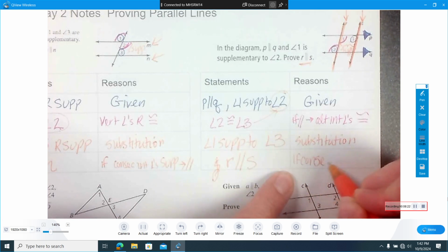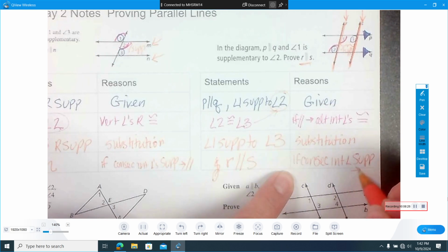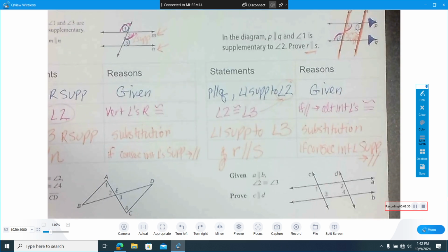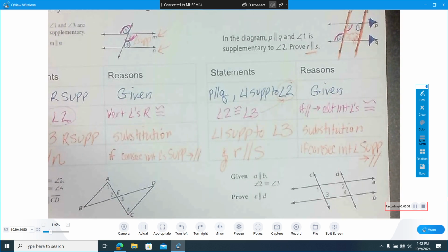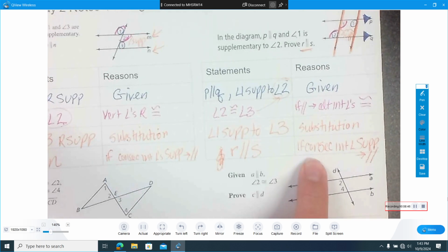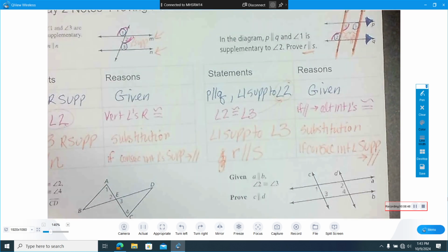If consecutive interior angles are supplementary, then parallel lines. What is that thingy from the orange? A squiggle. I messed up. Oh, yeah. R is parallel to S. If consecutive interior angles are supplementary, then parallel lines. Beautiful.